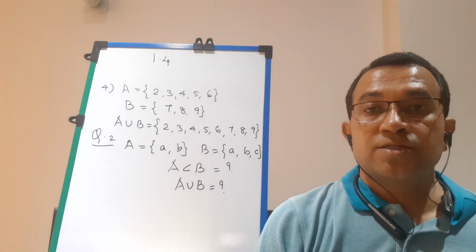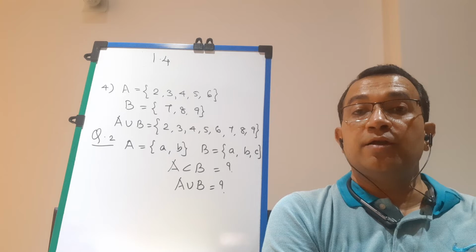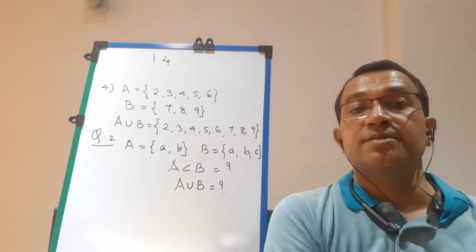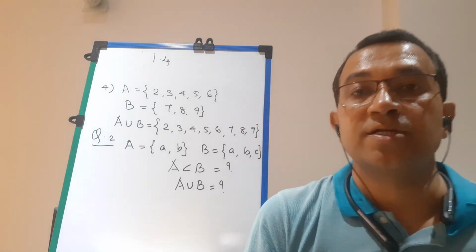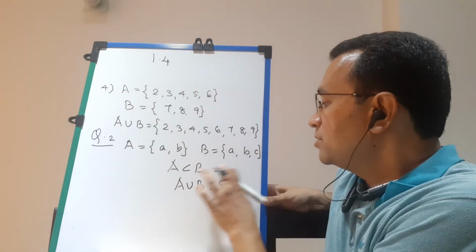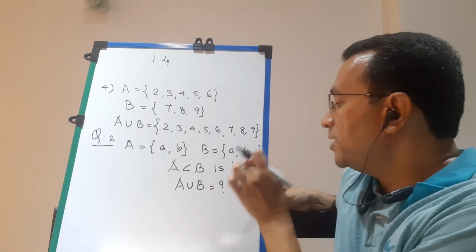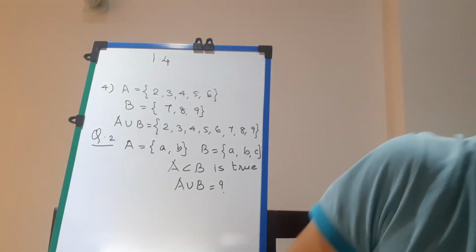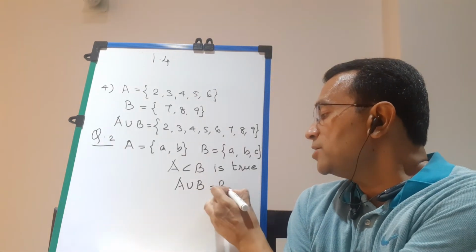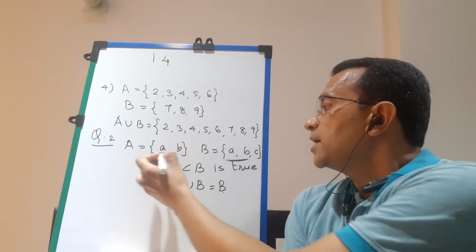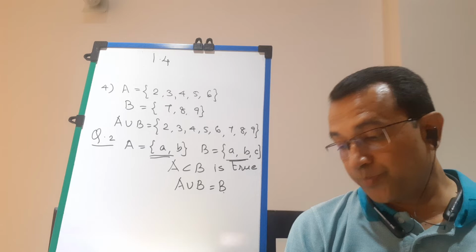Now all of you have studied the definition of subset. If every element of A is an element of B, then definitely A is a subset of B. Every element of A is an element of B, so A subset B is true according to the definition of subset. Now if A is a subset of B, definitely A union B will be B. You can check: if I take the union of B and A, my answer will be B.